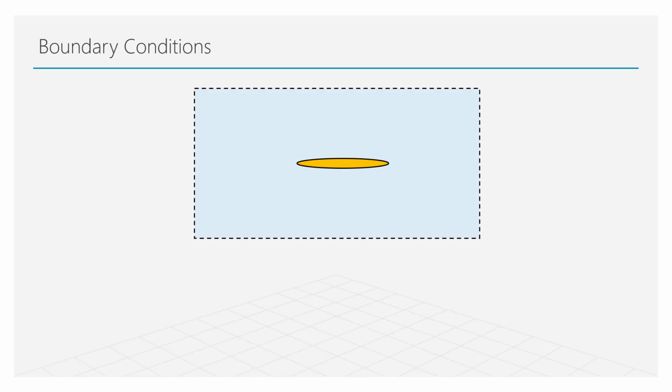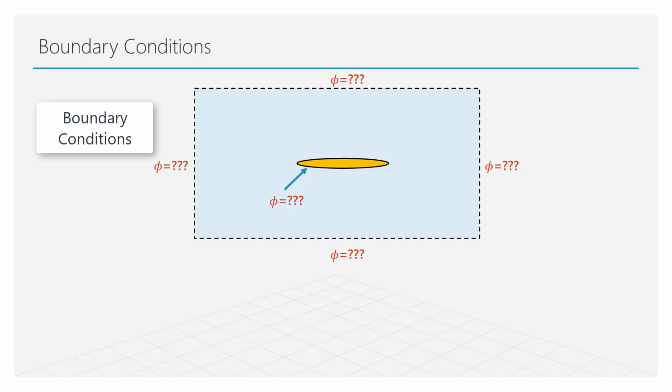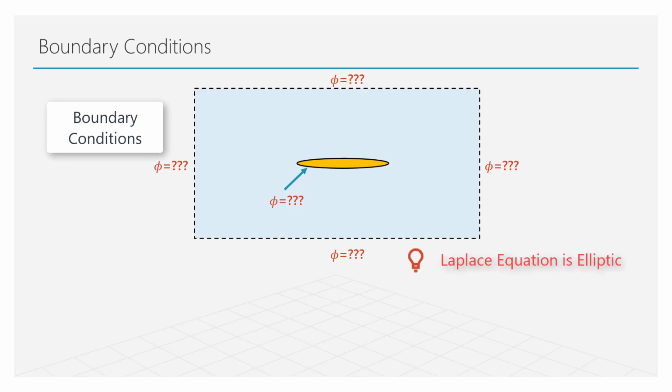In general, to solve the Laplace equation, we need to specify the domain over which the equation will be solved and the conditions at the domain boundaries that the solution needs to satisfy. These conditions are referred to as the boundary conditions. Mathematically, the Laplace equation is an elliptical equation.